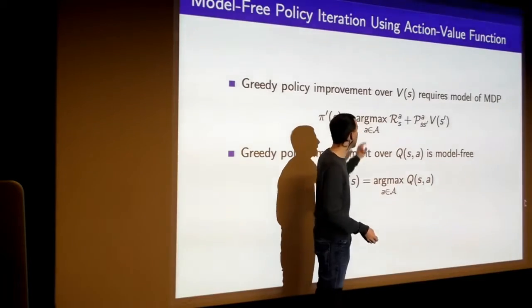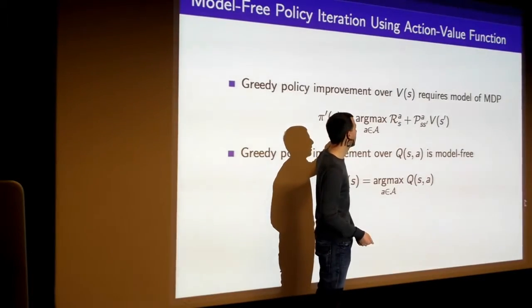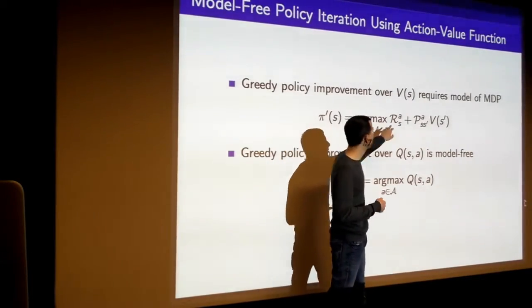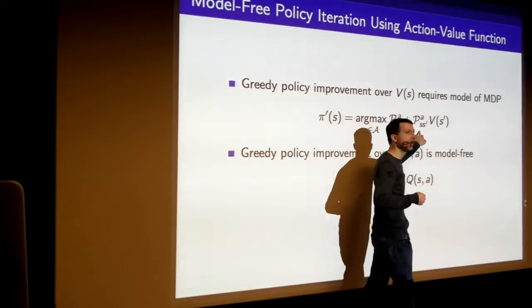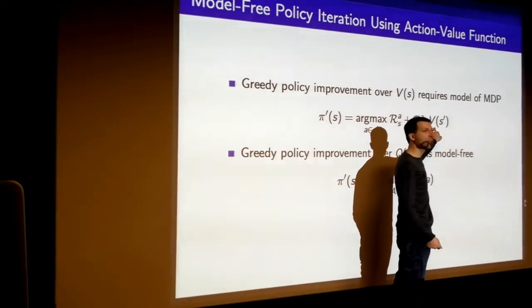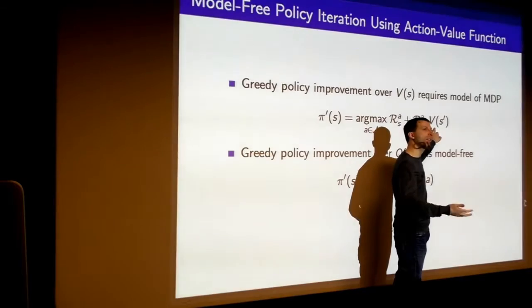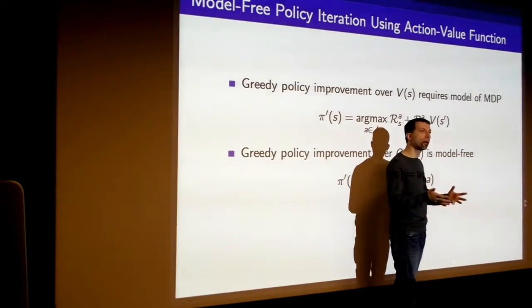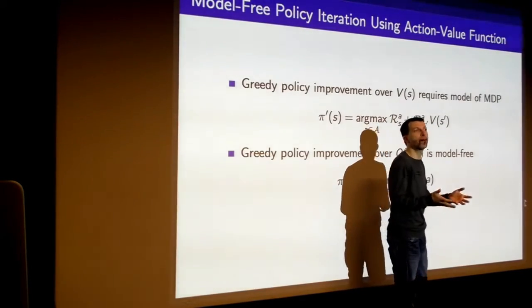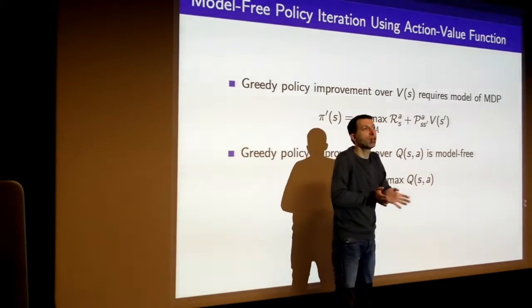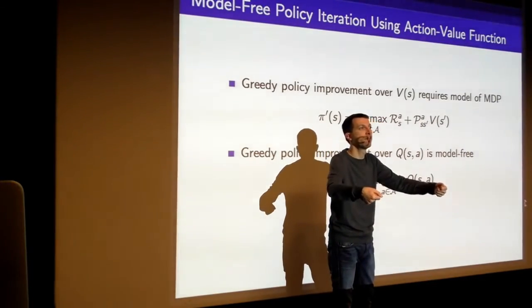So if I'm in some state and I want to know which action is best, I have to imagine what would happen for each possible action. I have to roll forward the dynamics one step to look at the value function of my successor state. We don't know those dynamics. We're trying to be model-free. So if you work with the state value function V, you always need a model in order to do your policy improvement, because you need one step of look-ahead to get to your next state.